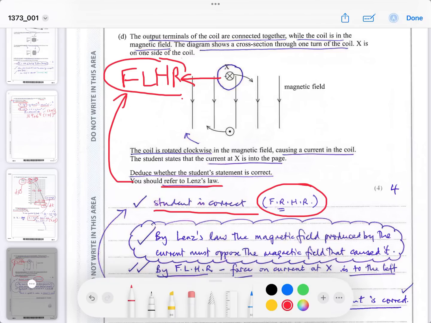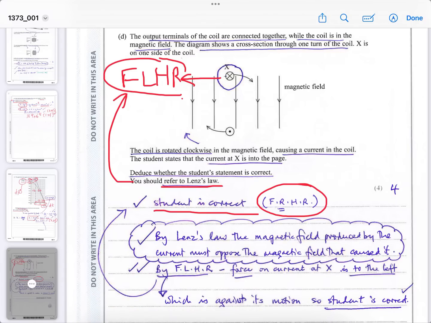So that would be correct according to Lenz's law, that by Fleming's left-hand rule, the force on the current at X is to the left, which is against this motion, so the student is correct. You could also reverse the argument, saying that for the current to be induced, it must create a force against the motion that's causing it.